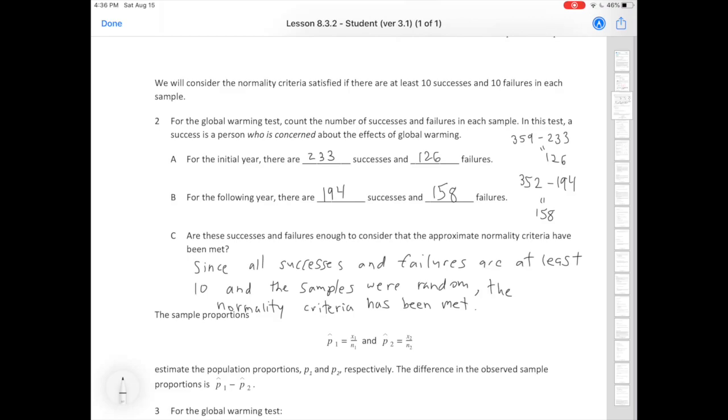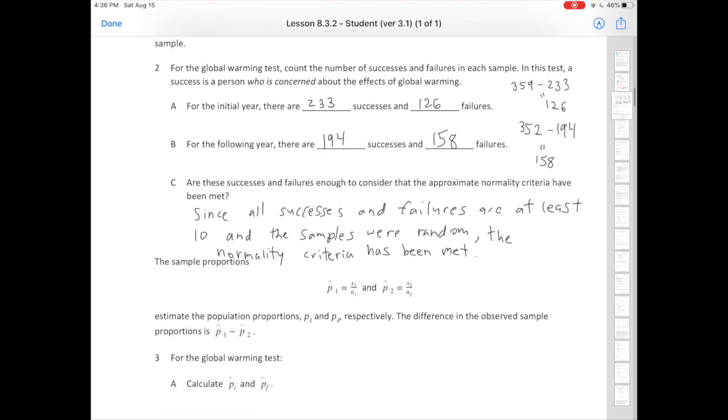Next, the sample proportions. P1 hat equals x1 over n1, and P2 hat is equal to x2 over n2. Estimate the population proportions P1 and P2 respectively. And so their difference is just going to be P1 hat minus P2 hat. Now, in general, our formulas are going to have 1s and 2s, but remember, in this problem, we have i's and f's, right?